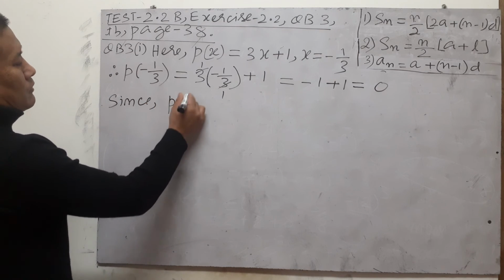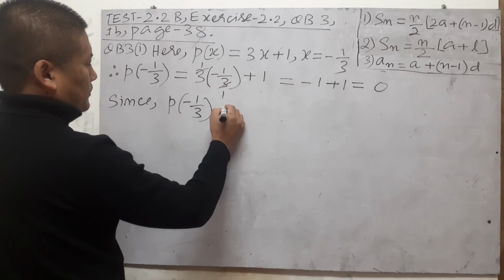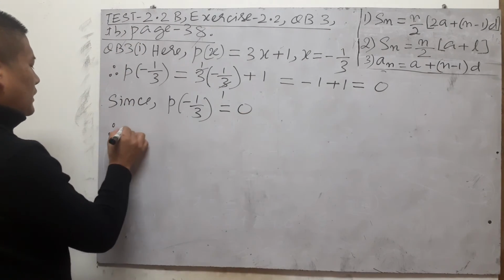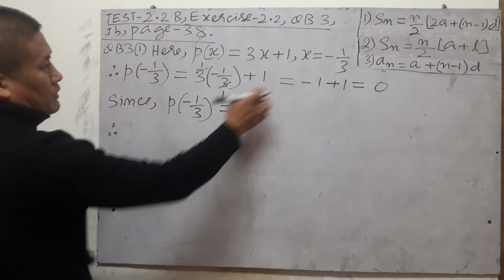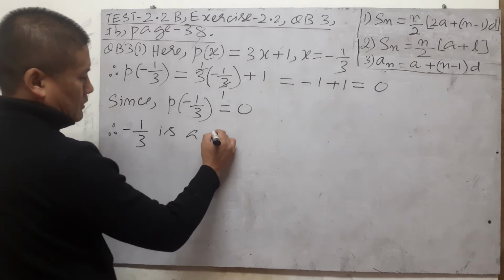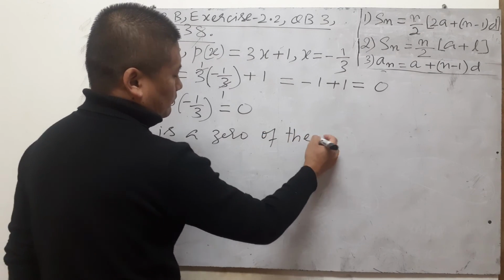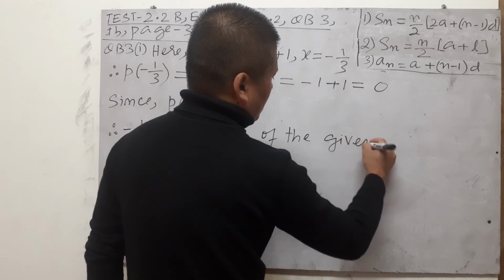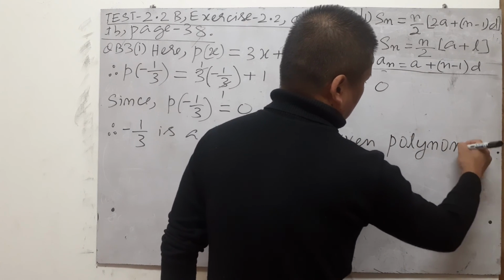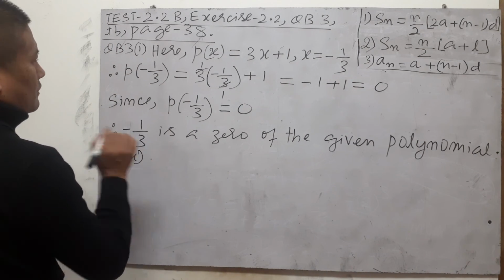So therefore we see that, or you can write in this format, since we found out P of minus 1 by 3, value substituted in P of x, is equal to 0 finally. Therefore this value x equal to minus 1 by 3 is a 0 of the given polynomial P of x.